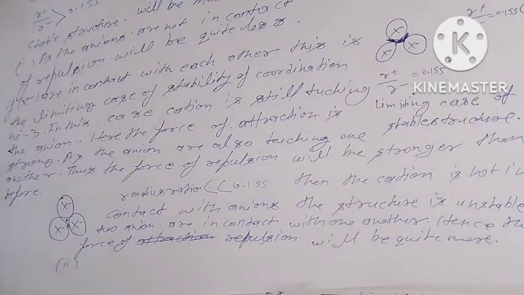Thus, if the value of radius ratio falls below 0.155 for coordination number 3, the structure will be unstable. Thus, the limiting radius ratio for coordination number 3 is 0.155.